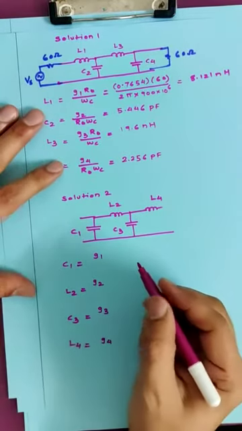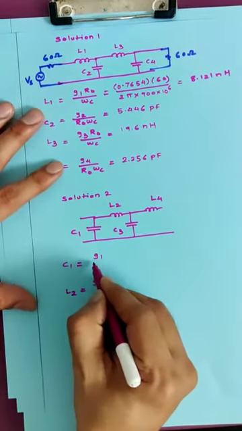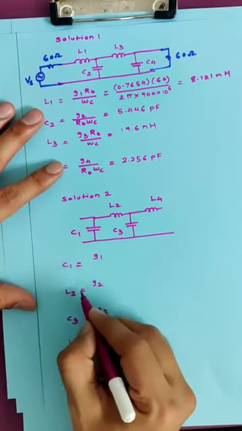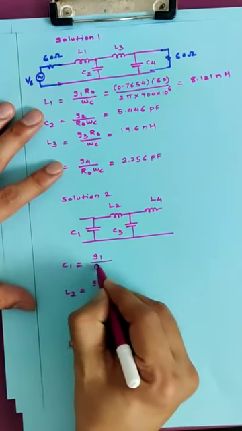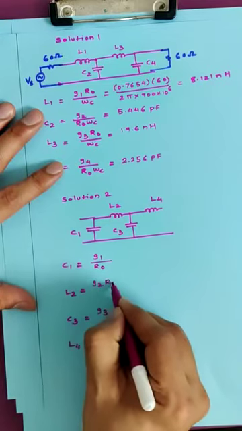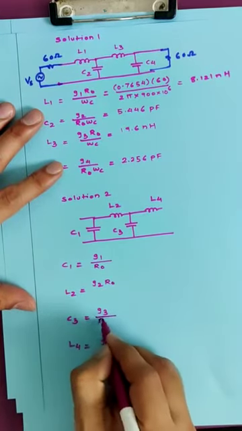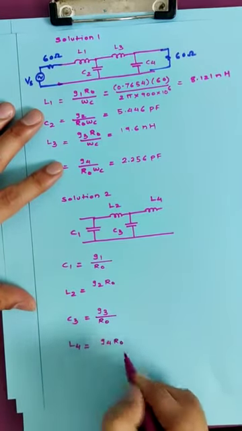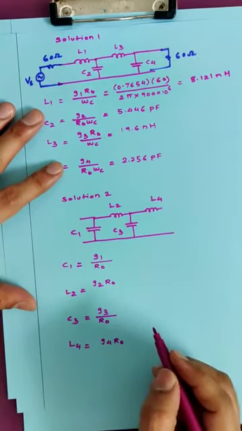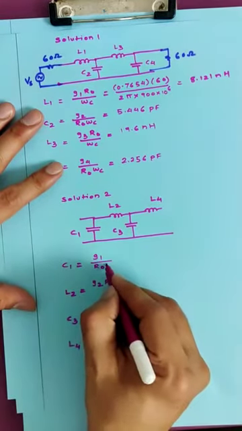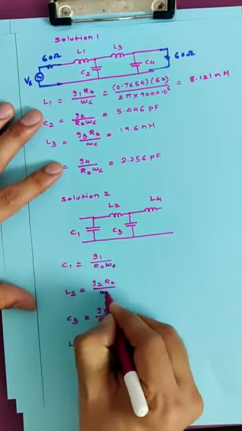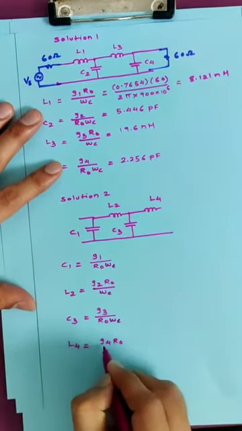Now we have to apply the impedance scaling. For capacitor it will be division by R0, for inductor it will be multiplication by R0. And now we have to apply the frequency scaling, so for all the component values it will be division by omega c.